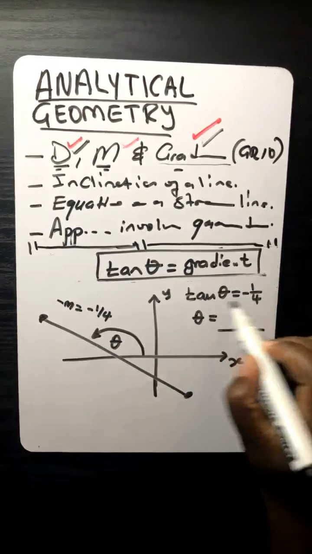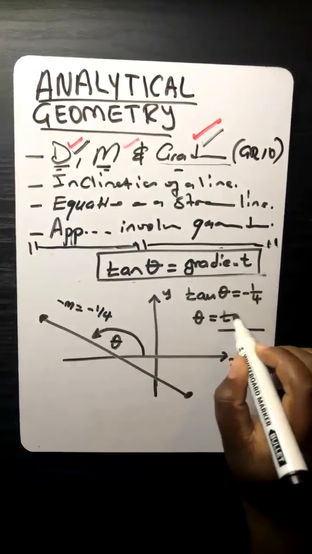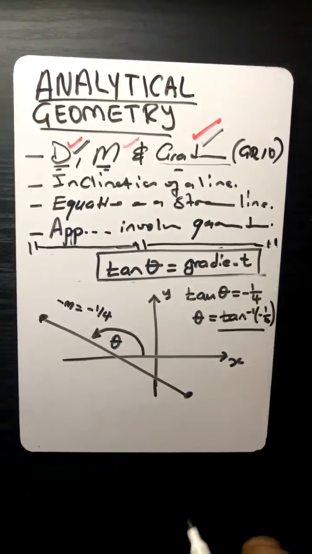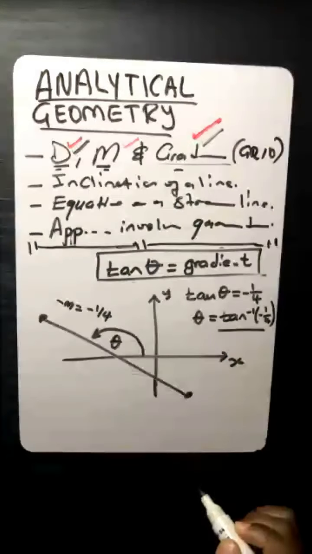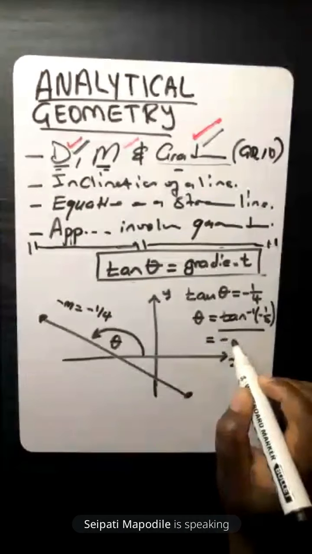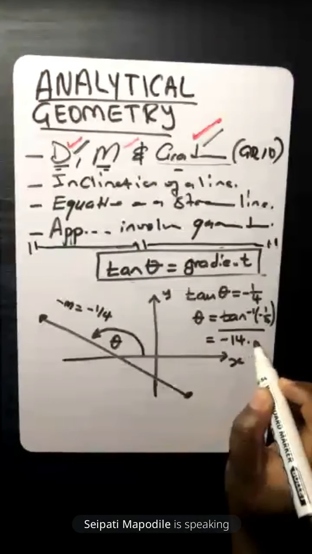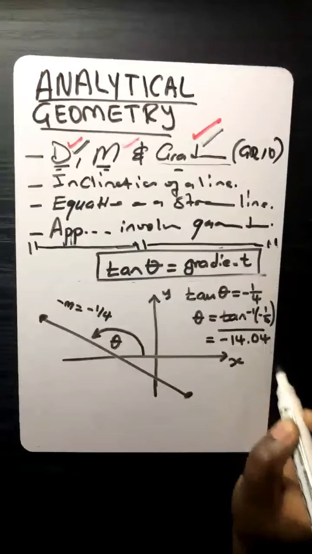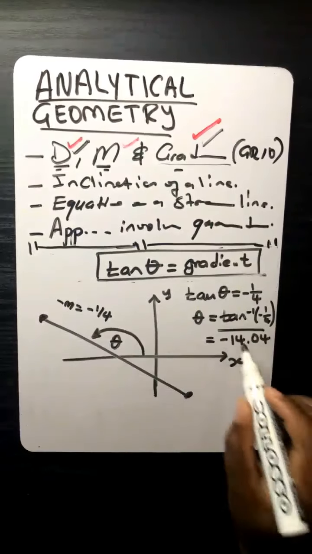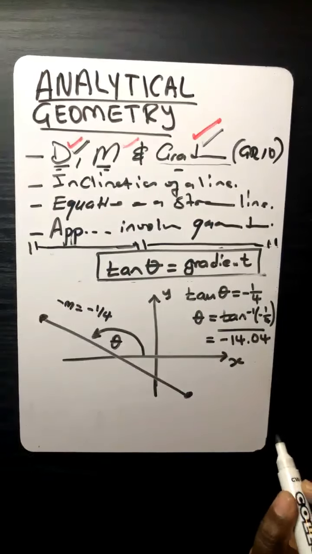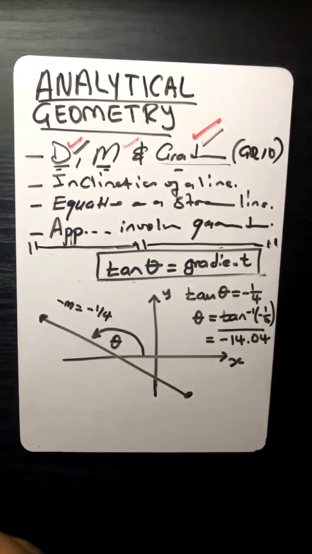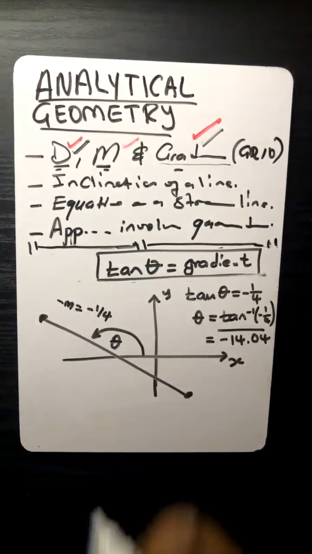So what is the second function of that? What are you guys getting? Negative 14,04. So can you see, guys, the angle that we are getting is not more than 90, which means it cannot be that angle. It is this side of the angle.